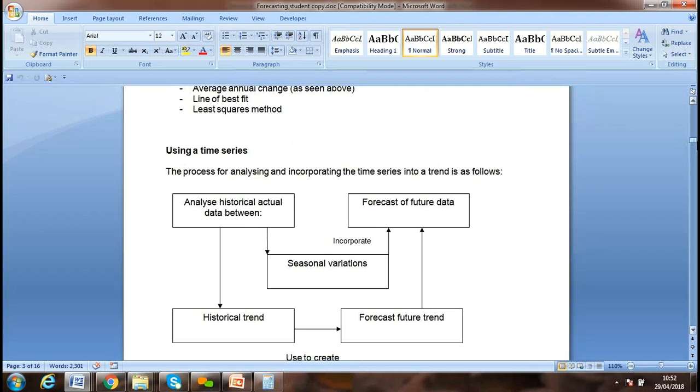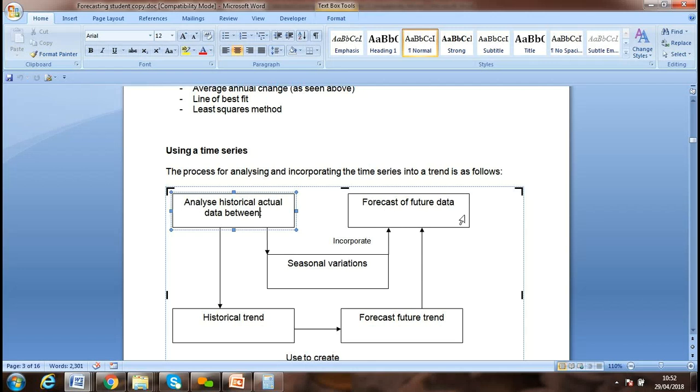Actually, using time series, the process of analyzing and incorporating time series into trend. Analyze the historic data. What is meant by historical, past data? We can forecast the future data, the future trend. We have a seasonal variation, like we did in question one, task one.